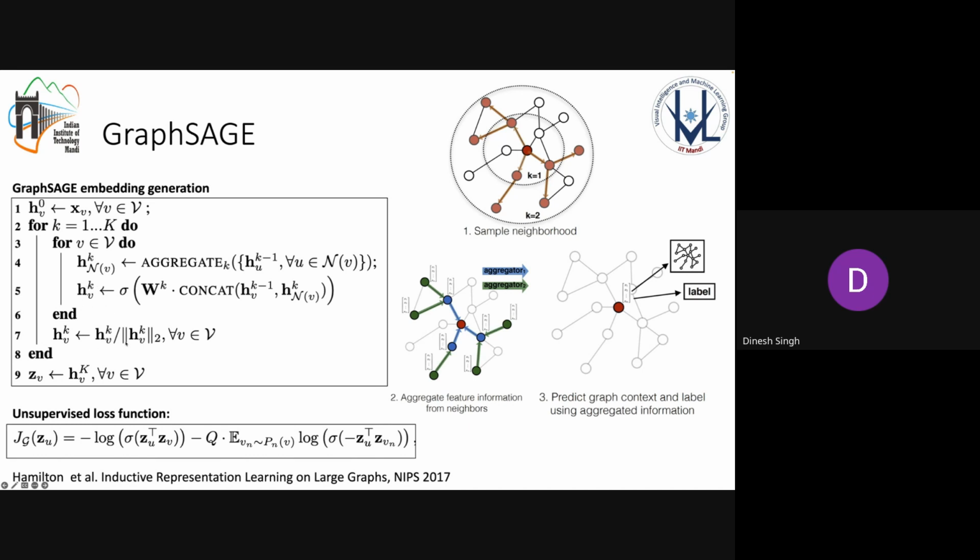After learning it for all the nodes, for each node we can normalize it to a unit length vector, so that the values won't go too high, right? And with different k, every k has different aggregator functions and a different weight matrix. At the end we get our Z. Now think about this entire network.